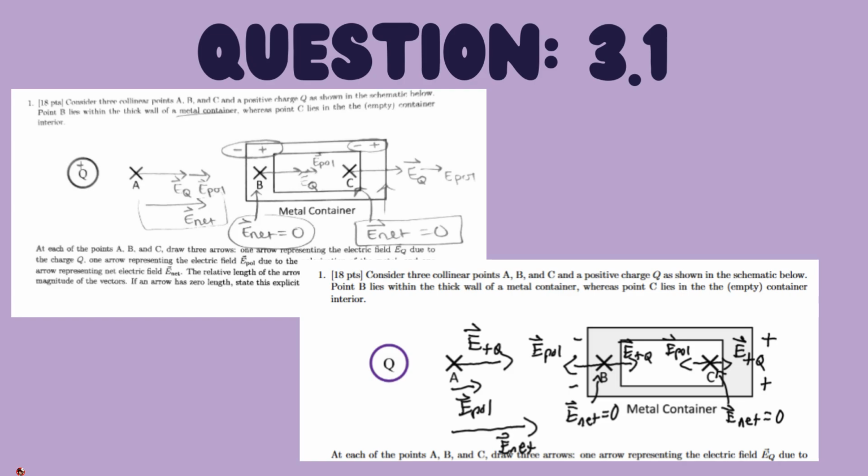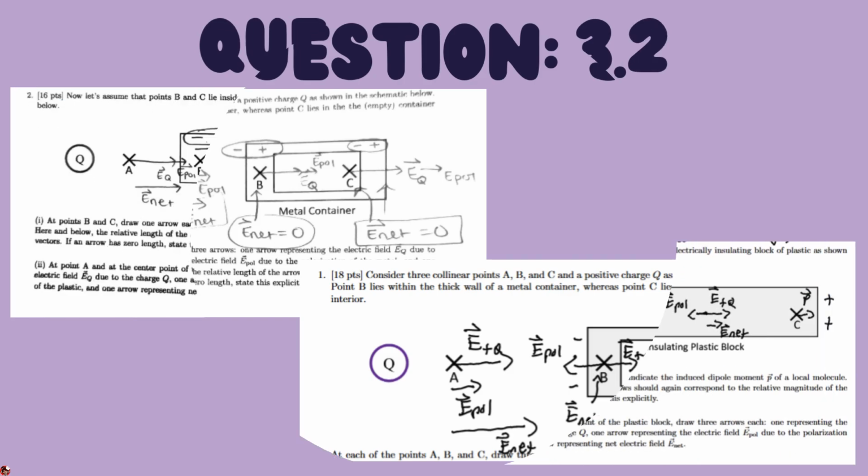The two bad arrows are located on points B and C. I did clearly indicate that the net electric field is zero for both of those points, just because it's a metal container and it's a conductor. But I should have indicated the arrow going in the opposite direction for E pole, but I have those both going in the same direction, which will actually make the net not zero. So that's where I messed up.